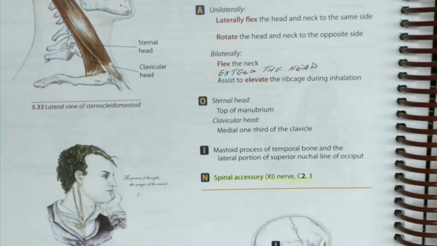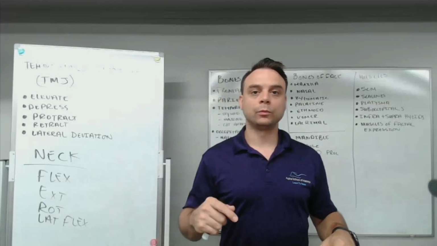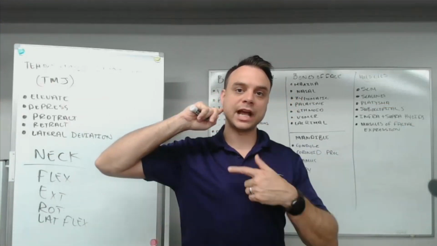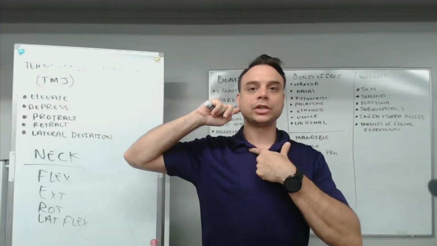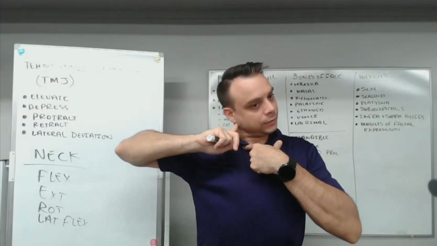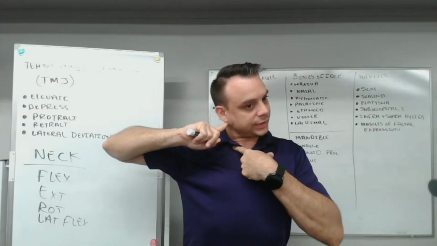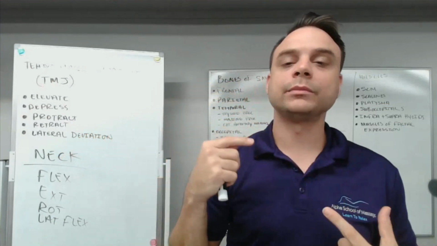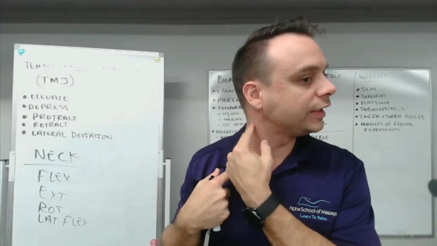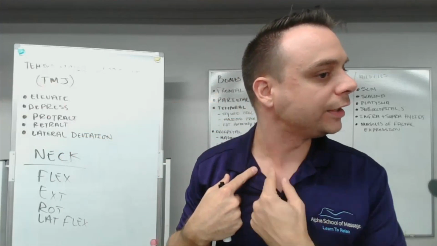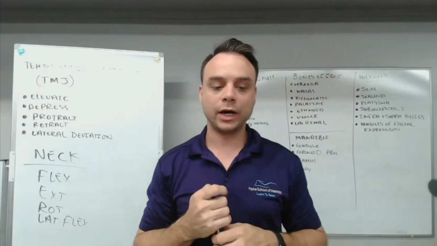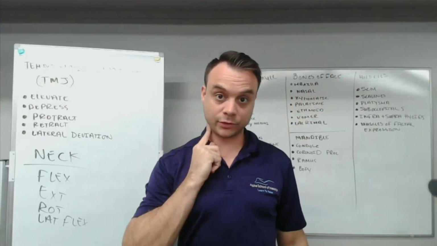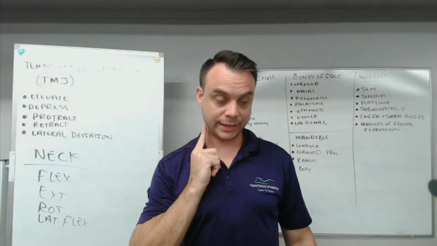So let's take a look and see what that actually looks like. One technique or trick I teach people is to place your fingers on the attachment sites of a muscle and try to touch your fingers together. You can see that when I try to touch my fingers together, that means the muscle contracted. Or you can actually see this muscle pop up in the video right here, which is causing my head to turn to the opposite side, because this muscle's on the right side of my neck.